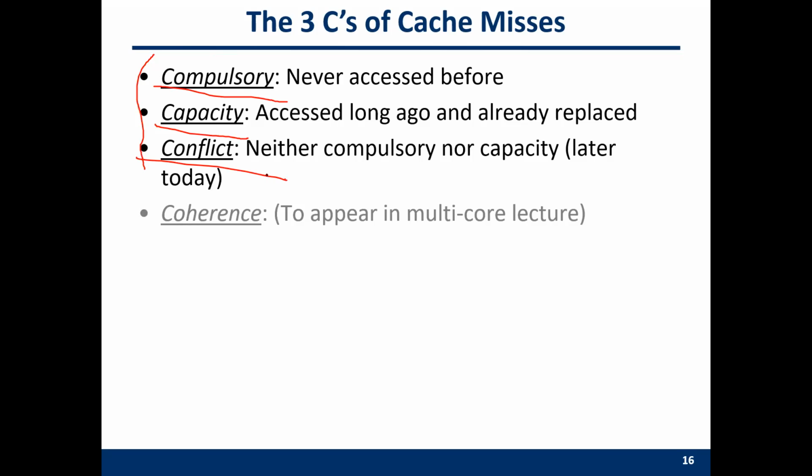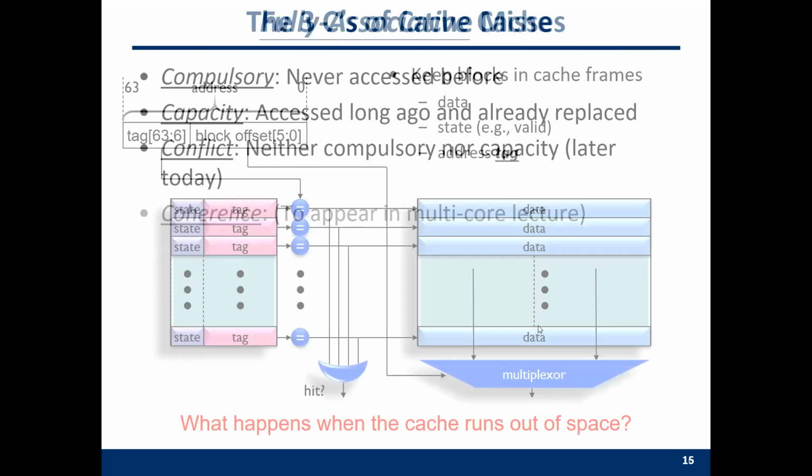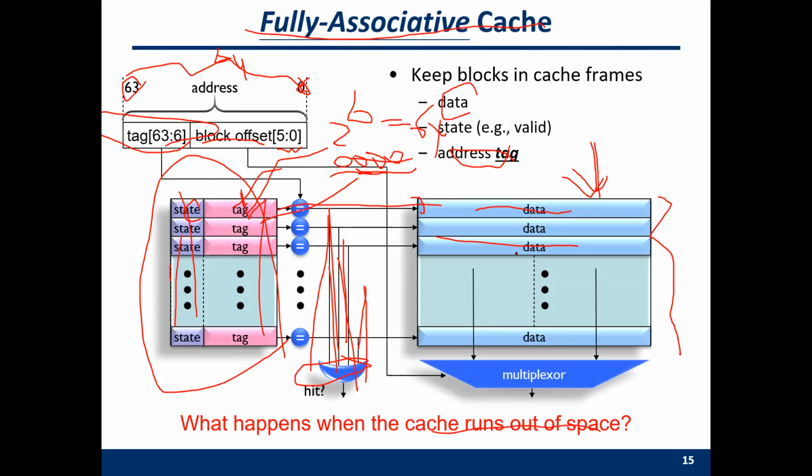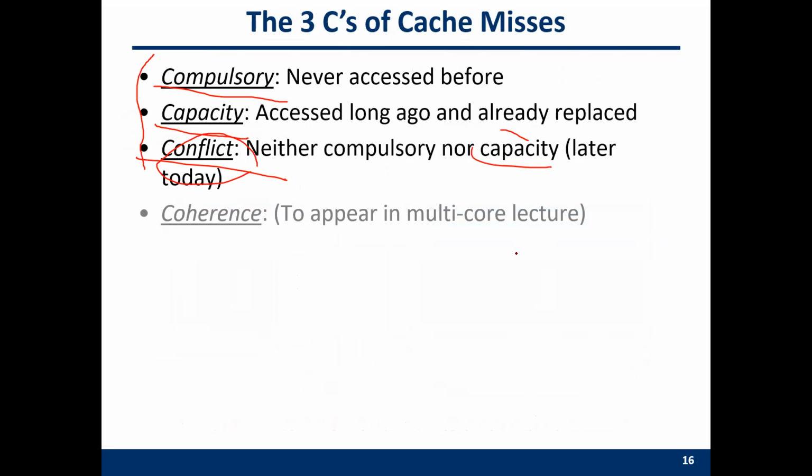The third one is conflict. Conflict means it's not a compulsory or capacity issue. It's some other issue, but the fully associative cache has no conflict. Why? Because one physical line here can hold any address. So there's no conflict in the fully associative cache, but we will introduce this problem in the following slides.